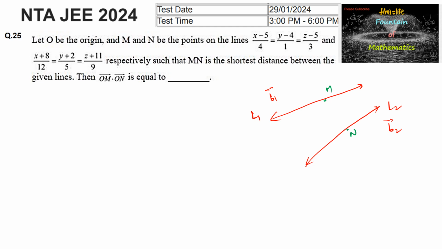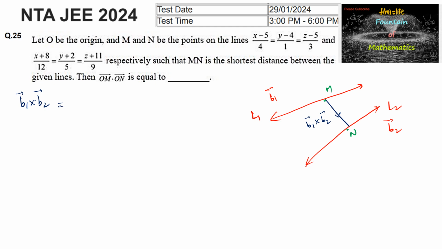To get MN as the shortest distance, the line joining M and N must be along b1 cross b2 vector, or parallel to it. So let us find b1 cross b2.